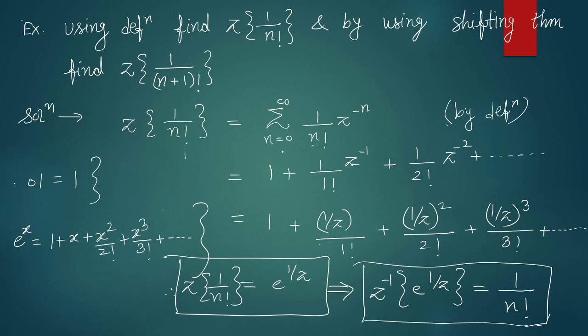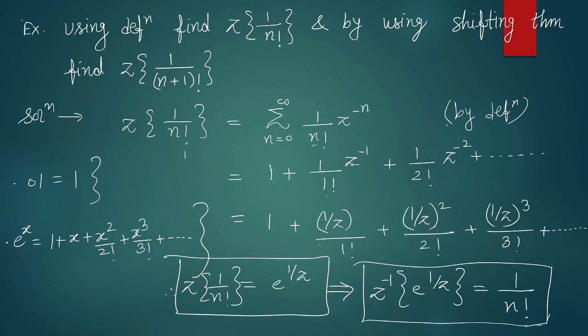Now we substitute n equal to 0, then we get this value, n equal to 1 we get the second term, n equal to 2 we get the third term. In this way we get the terms. Now z to the power minus 1 means 1 by z, z to the power minus 2 means 1 by z whole square.